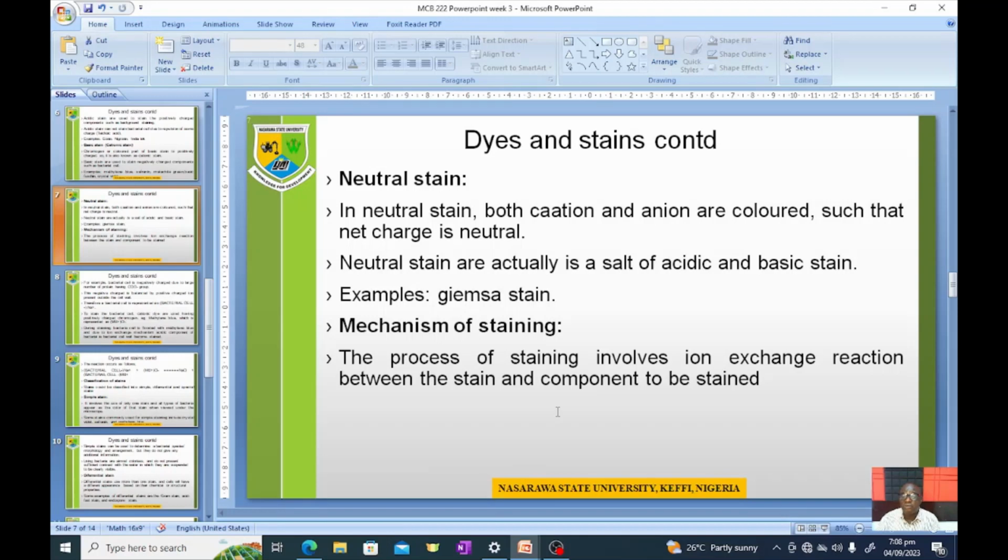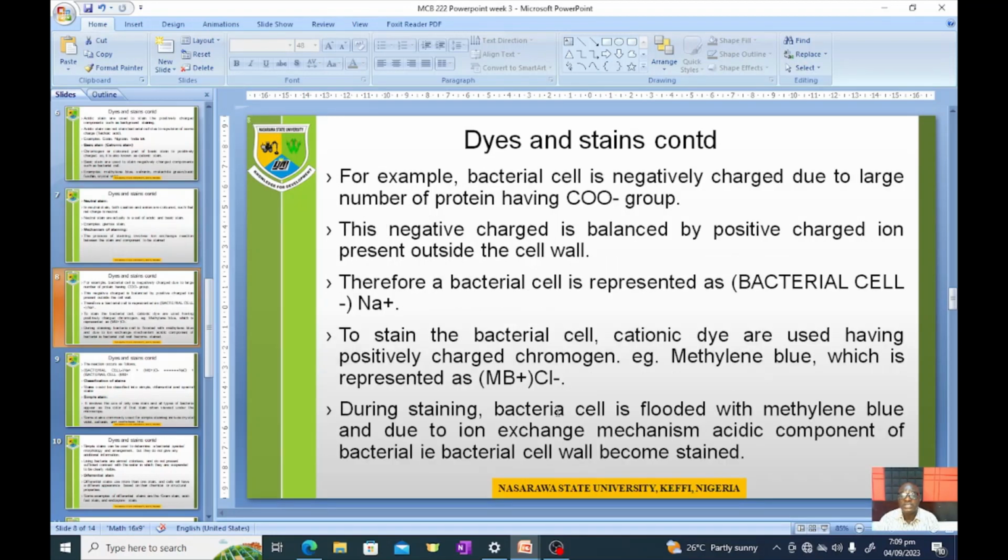The process of staining involves an ion exchange reaction between the stain and the component to be stained. There is ion exchange between the two, the stain that is coming and then the component that has to be stained. There will be exchange of ions for a reaction to be observed.